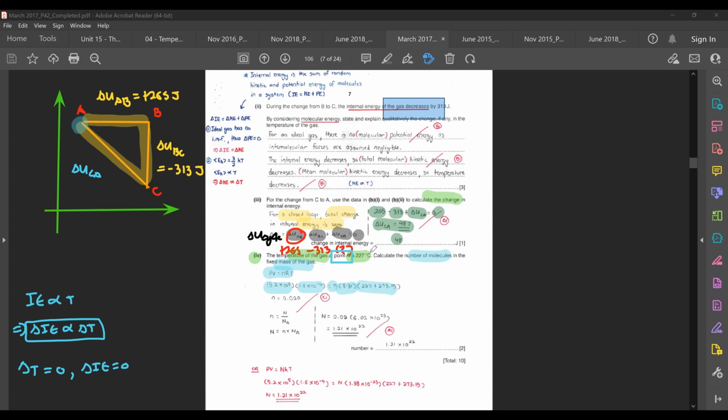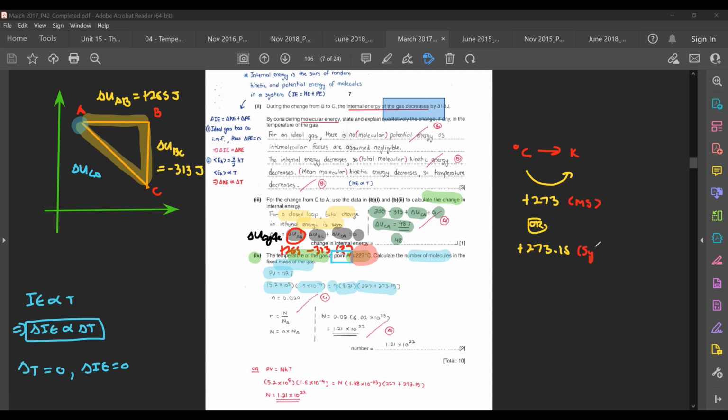Okay, now your temperature here is in degrees centigrade. When you want to change temperature from degrees centigrade to Kelvin, you generally either add 273 or add 273.15. Your marking scheme would tend to use plus 273.